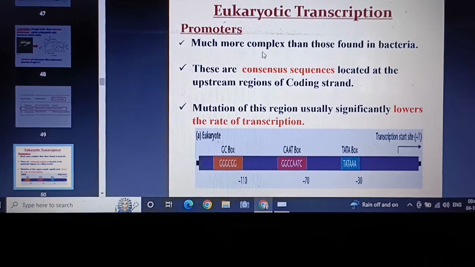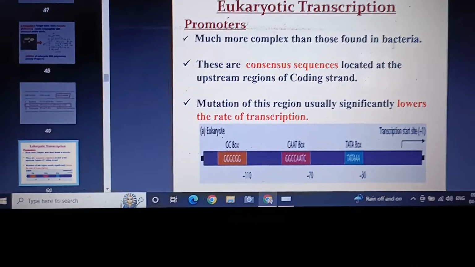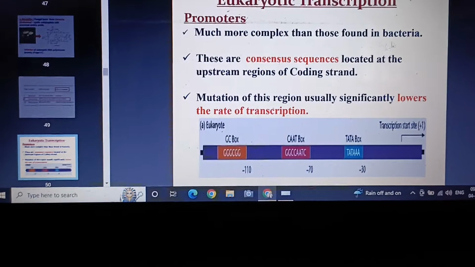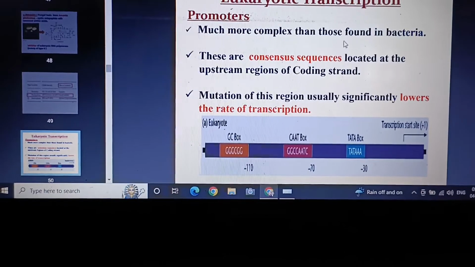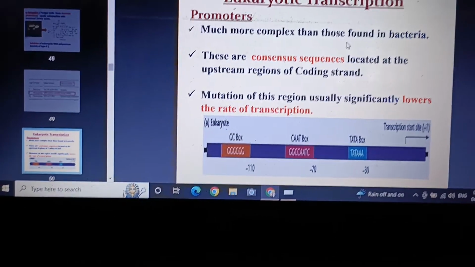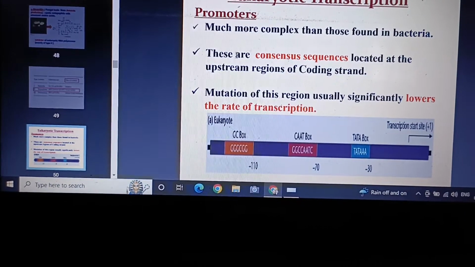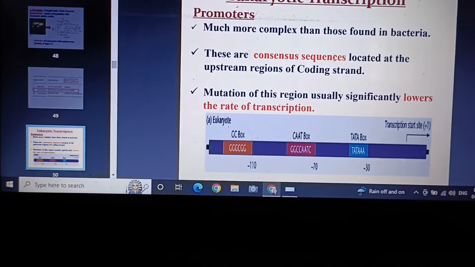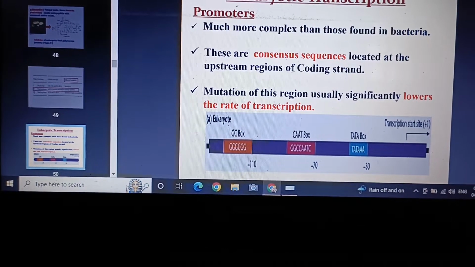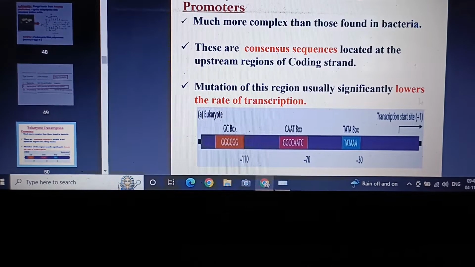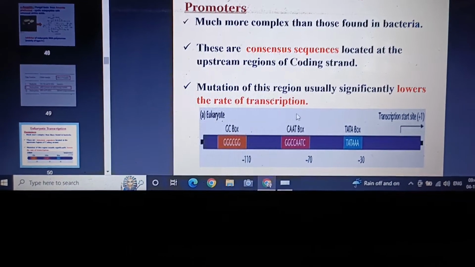Promoters are much more complex than those found in bacteria. As I told you already, this is quite confusing and quite difficult to understand. These are consensus sequences located at the upstream region of the coding region. Mutation of this region usually significantly lowers the rate of transcription.